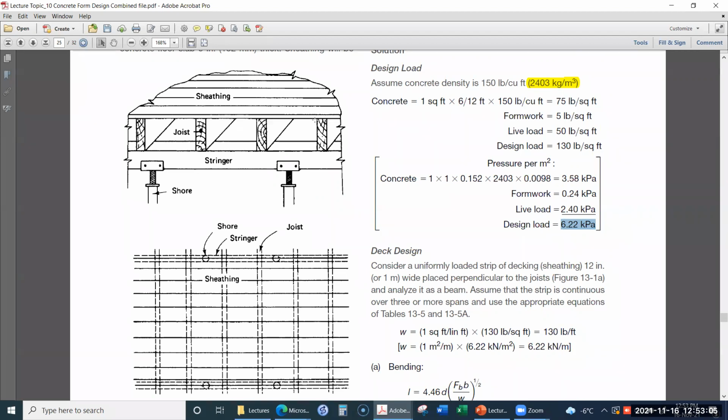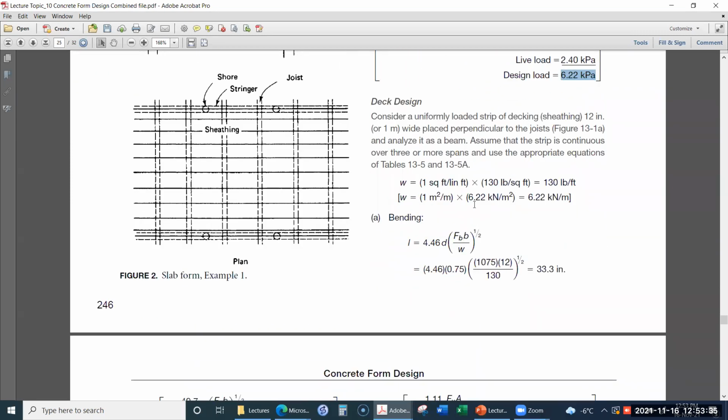We will take a 1 meter width of the sheathing, perpendicular to the plane of the paper. So 6.22 kilonewton per square meter multiplied by 1 meter will be 6.22 kilonewton per meter. That is the weight on the sheathing.